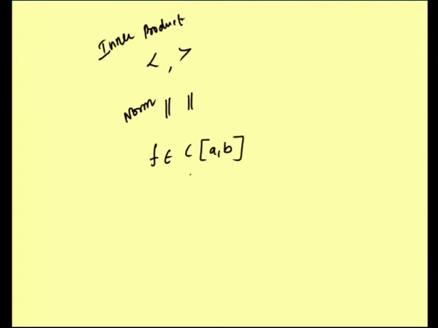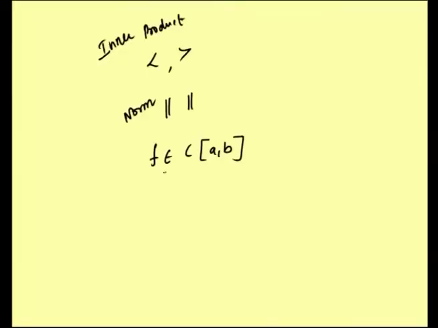C of [a, b] is the set of all continuous functions defined on [a, b]. So, if f belongs to C of [a, b], we would say that f is defined on [a, b] to the range space. If it is a real valued function, the range will be real numbers. If it is a complex valued function, the range will be complex numbers.